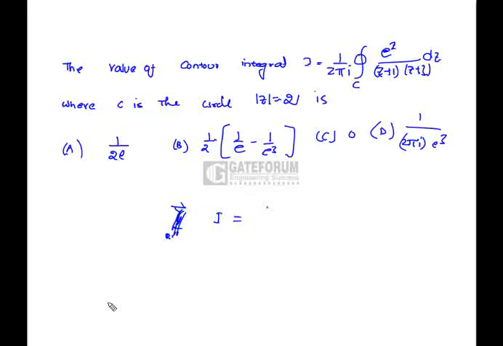I is nothing but the summation of residues, the residue at z plus 1, that is e power minus 1 divided by 2, plus 0 at z equals minus 3. Hence it is going to be 1 by 2e, hence option A is correct.